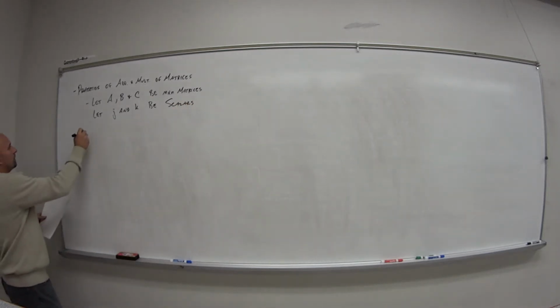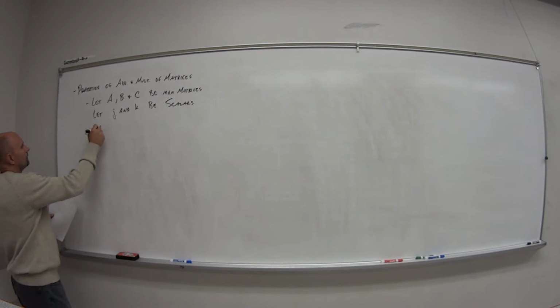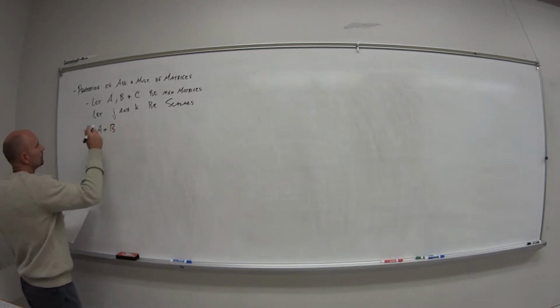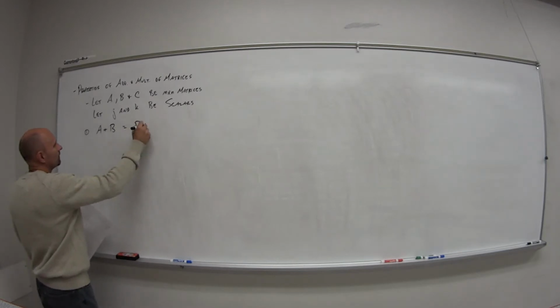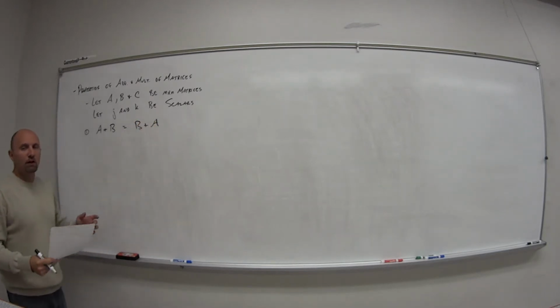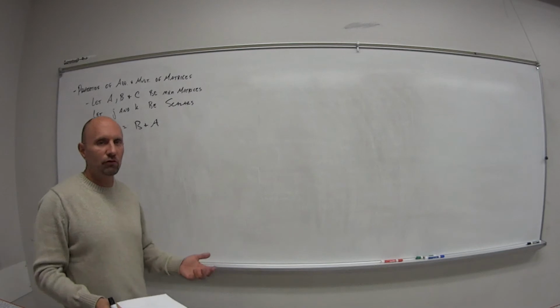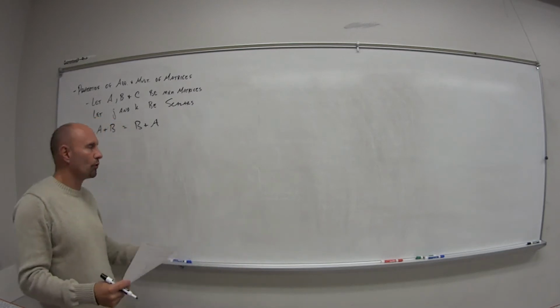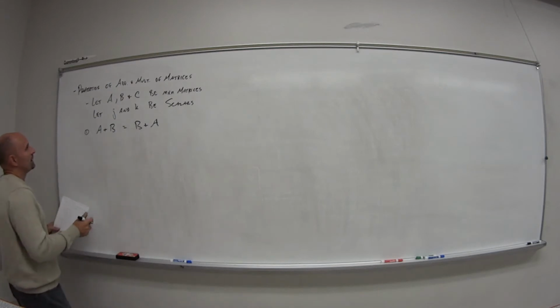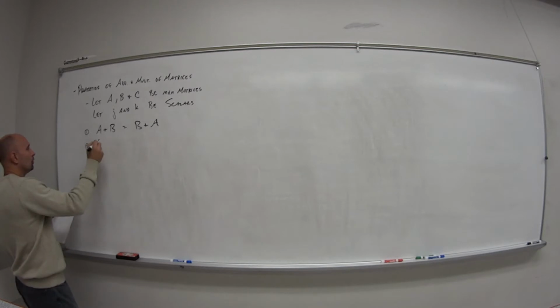So the first property we have is that A plus B, so if we add matrix A to matrix B, it's the same as if we do B plus A. Just as 2 plus 3 is the same as 3 plus 2, the order doesn't matter, same with addition of matrices. Second, grouping.